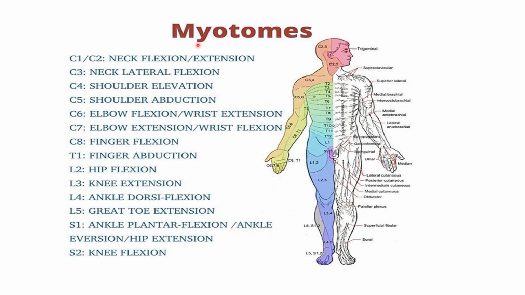Here you can see myotomes: C1 and C2 for neck flexion or extension, C3 neck lateral flexion, C4 shoulder elevation, C5 for shoulder abduction, C6 for elbow flexion or wrist extension, C7 for elbow extension, wrist flexion, C8 finger flexion, T1 finger abduction, L2 for hip flexion, L3 for knee extension, L4 ankle dorsiflexion, L5 great toe extension, S1 for ankle plantar flexion or ankle eversion or hip extension, S2 for knee flexion.